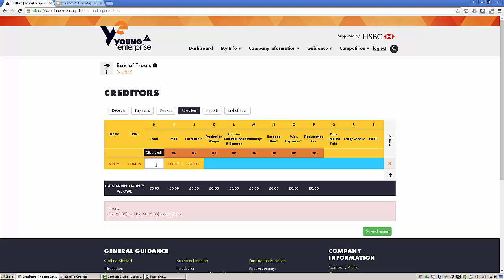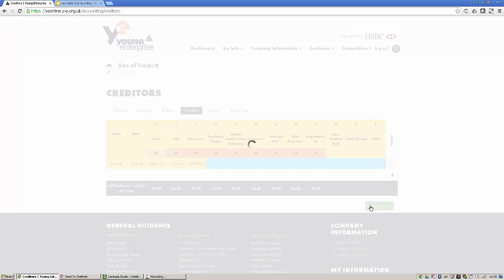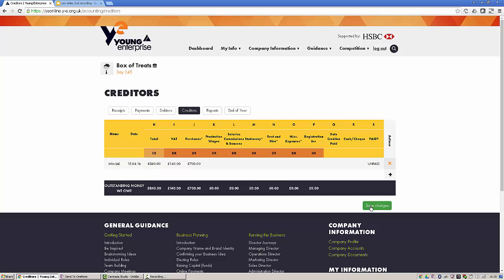So in total I'll be due to pay MITS Limited £840 in total. So once I've recorded the debits and the credits, I've recorded the date and I've recorded who I'm due to pay the money to, I can now click save. Remember, I've not paid it yet. Okay, so we've posted that and it shows as unpaid.